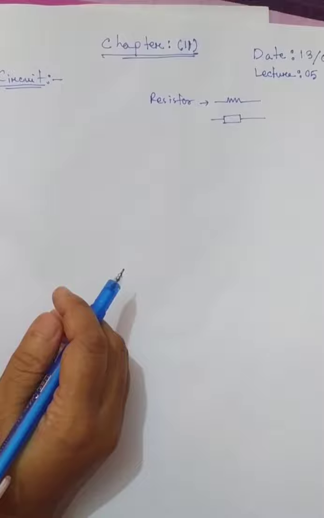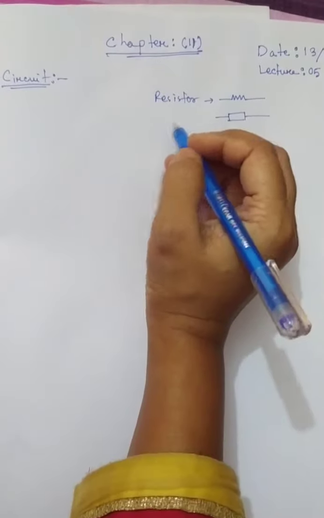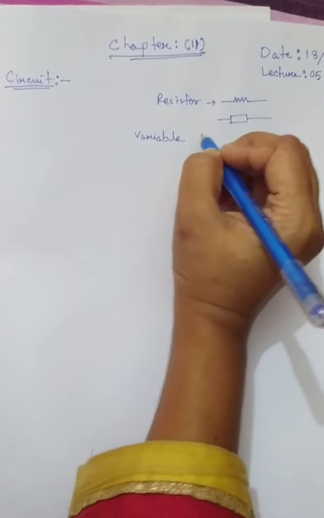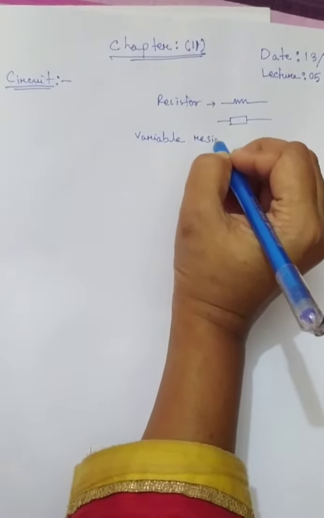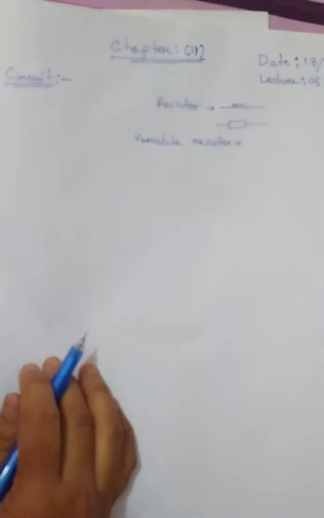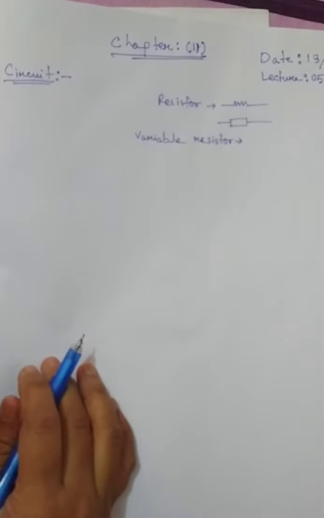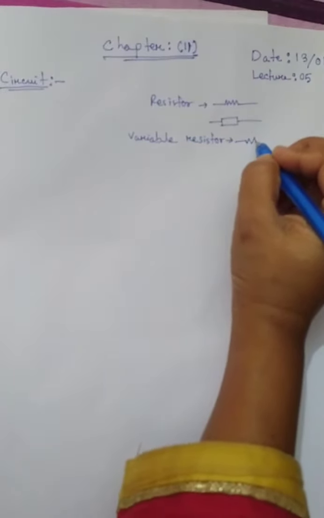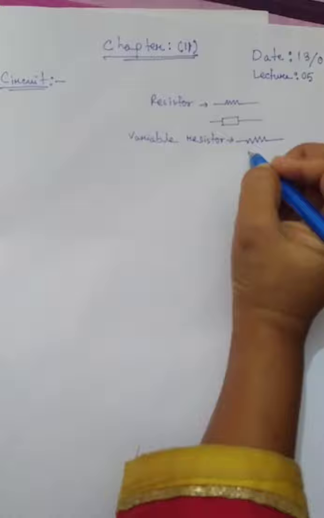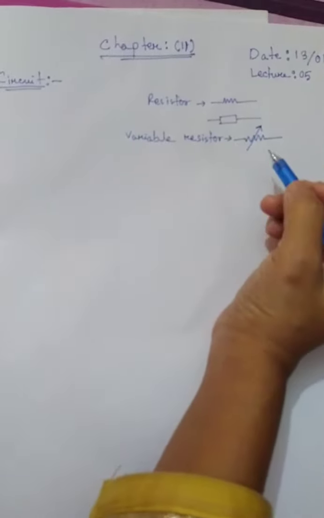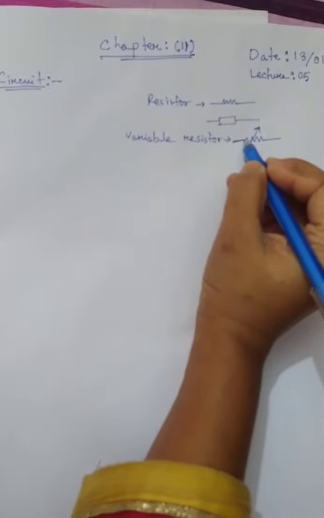If we want to design a variable resistor, as we know that a resistor and a variable resistor are not exactly the same, that means a resistor that can be varied, the symbol is just like a resistor. Here is a third point, as I told in my earlier class that a variable resistor has three points.